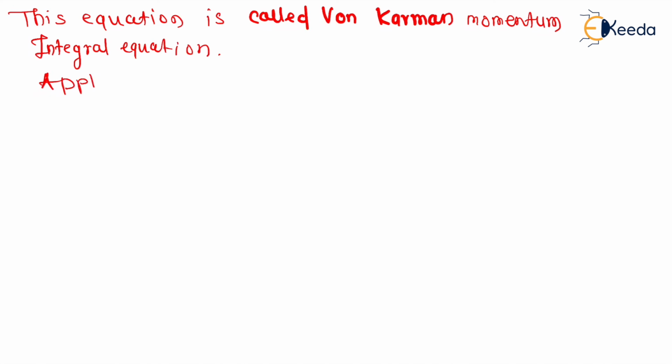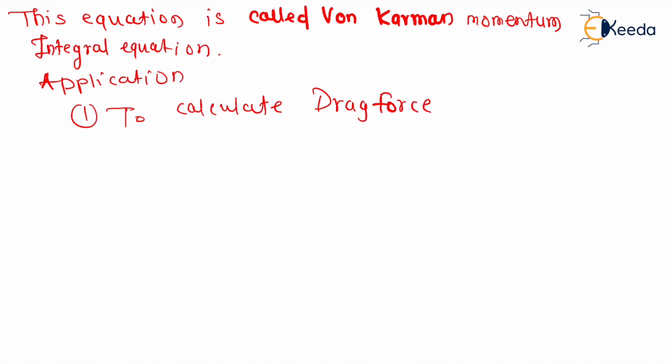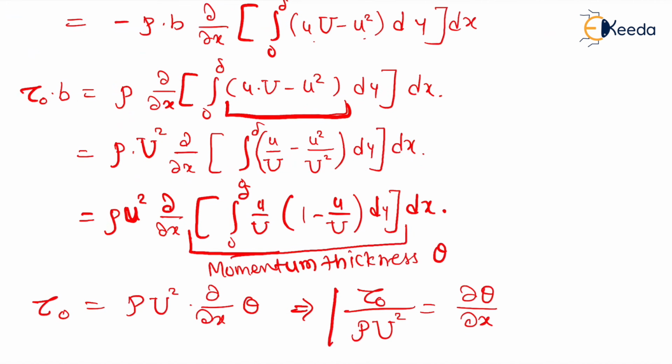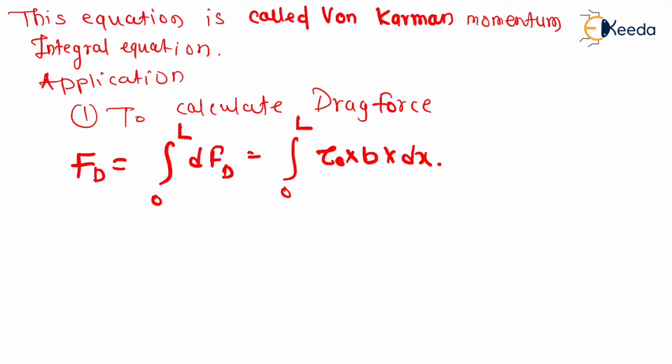Its application is, first, to calculate drag force, as drag force is equal to integral 0 to length L of tau naught into b into dx. So to calculate tau naught, we will require that equation. So this equation is very important. We should know this for solving the problems in further regions.